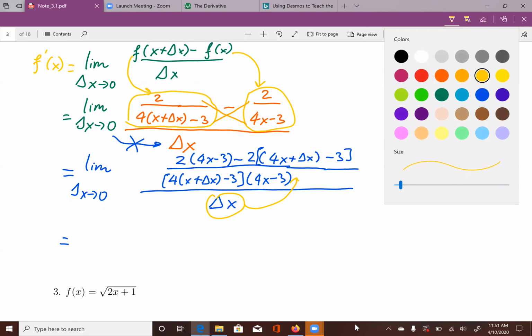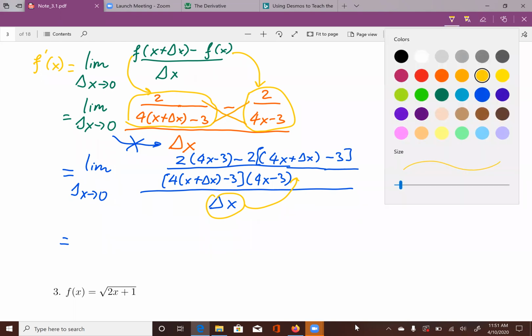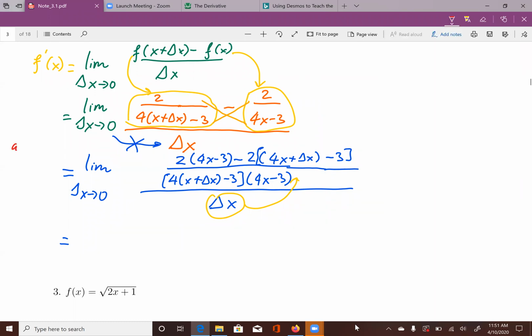If you remember the rule that we talked about earlier in the course, a divided by b over c is the same as a divided by b times c. So this is the rule that I'm going to use. I'm going to bring the delta x up to this denominator, and at the same time, I will distribute the numerator out in order to simplify it.